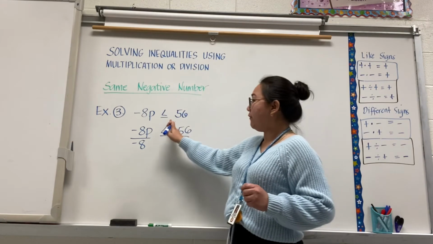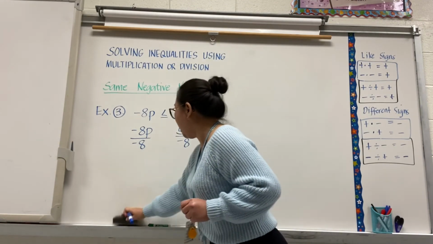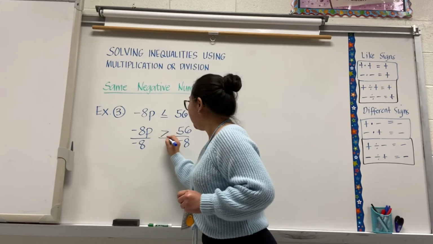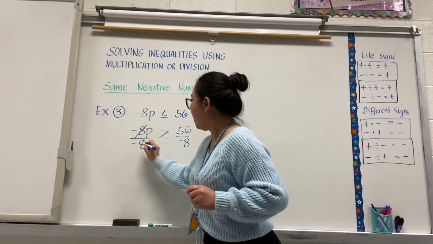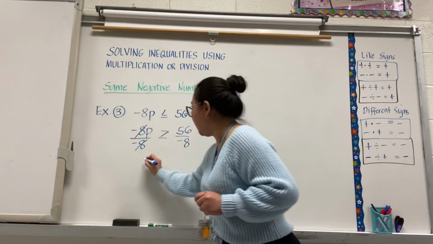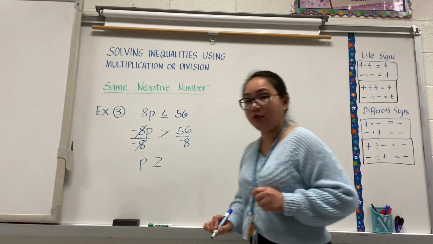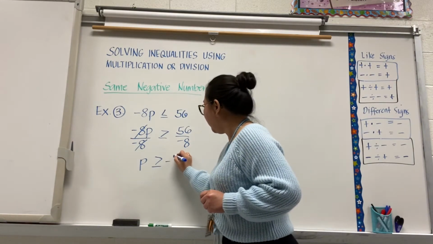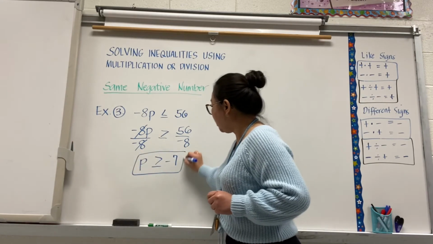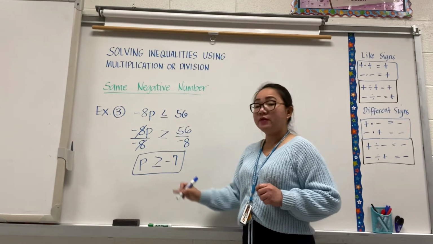So we will reverse the symbol. So we will change this one into greater than or equal to. Then proceed. Cancel this out, cancel this out. So we have your p by itself. The symbol is greater than or equal to. So 56 divided by negative 8 is negative 7. So the solution is p is greater than or equal to negative 7.